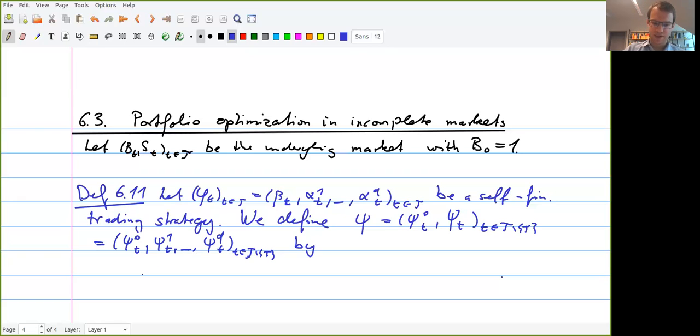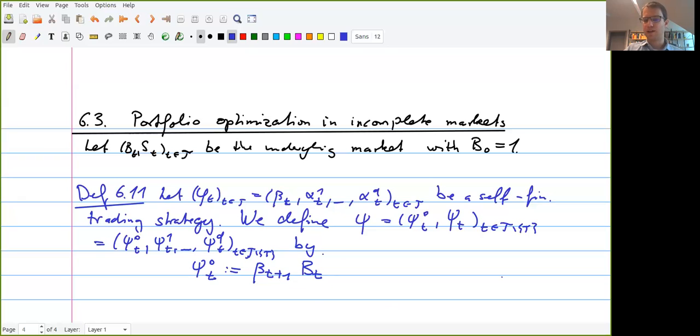And what we decide, as I said, psi0 at t is defined as the amount I have invested in the risk-free asset. So I take my B t+1, which is what I have at the beginning of the t trading period, so this is F_t measurable.